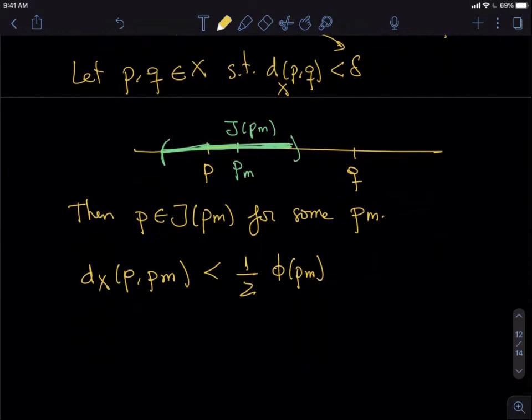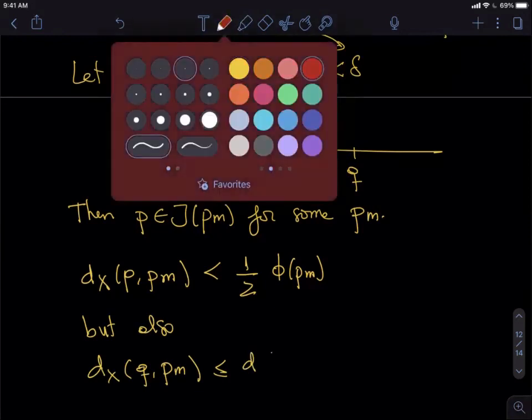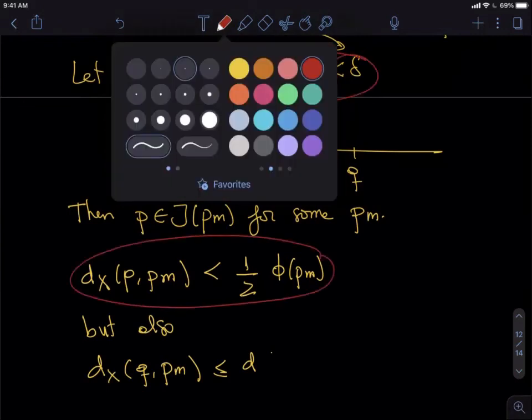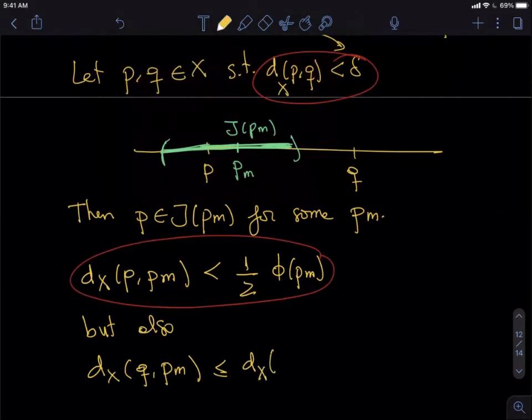But also, the distance between Q and Pm is less or equal, now by the triangular inequality, we are going to use this and this: the distance from P to Q plus the distance between P and Pm.